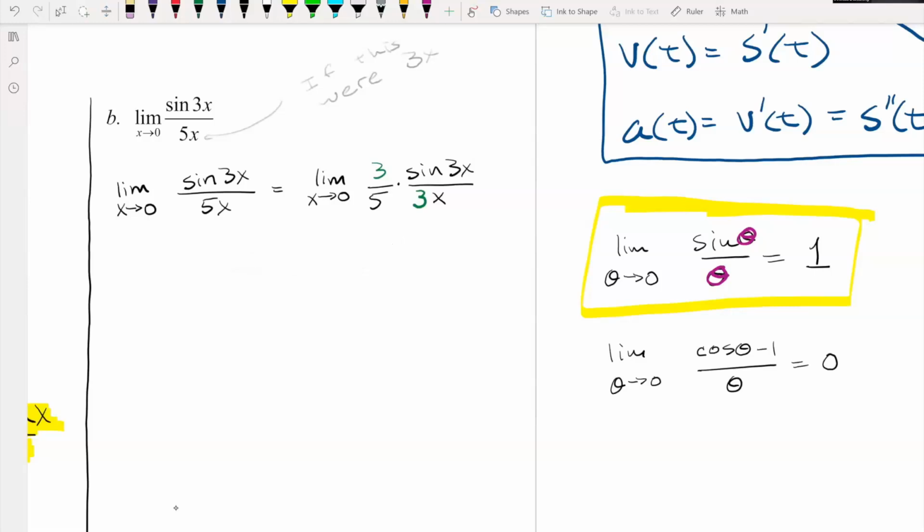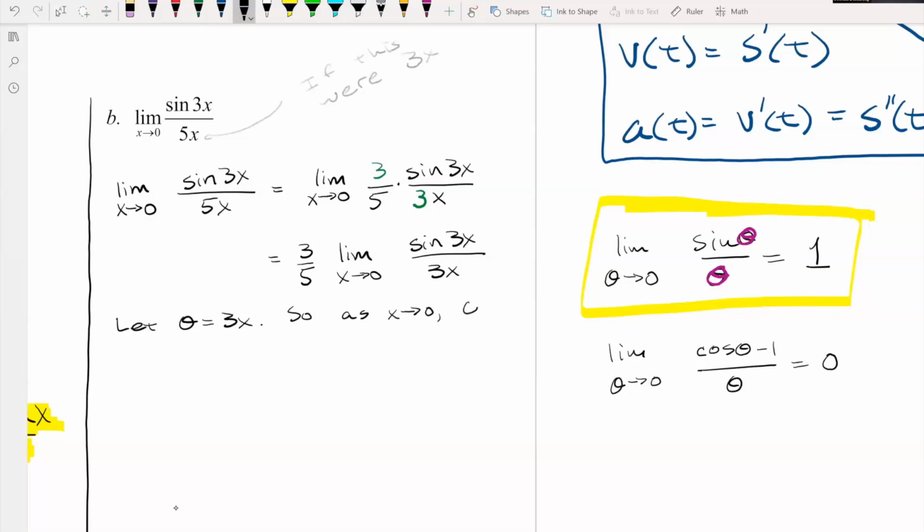And if we now take out the 3/5, we now have a limit of sine 3x over 3x. Now, let theta equal 3x. So as x goes to 0, theta also goes to 0, right?